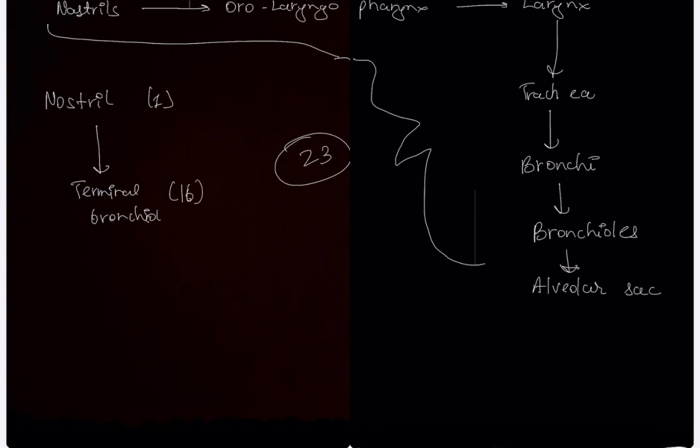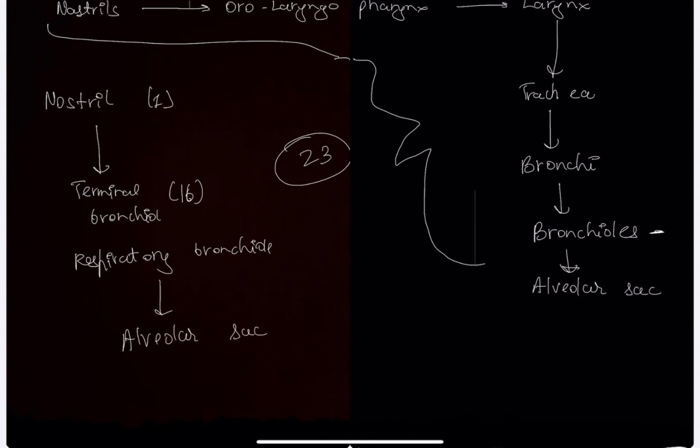I told you where the terminal bronchiole is: the bronchioles can be primary, secondary, tertiary, terminal and respiratory bronchioles. Then from the respiratory bronchiole to the alveolar sac.